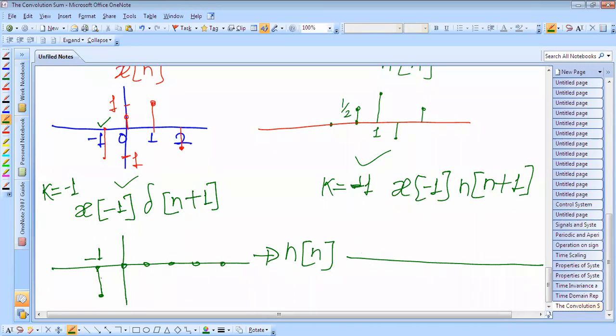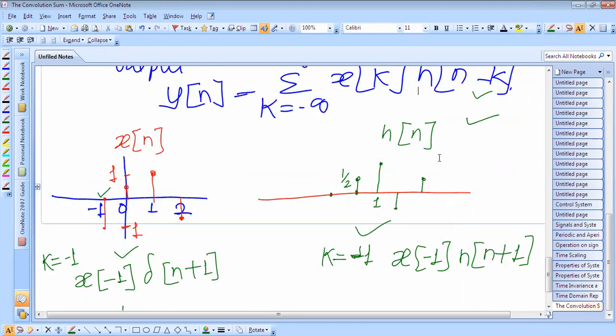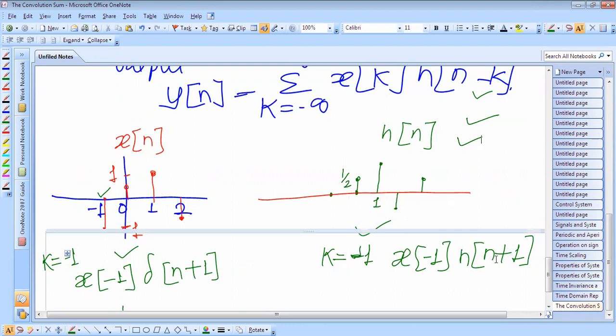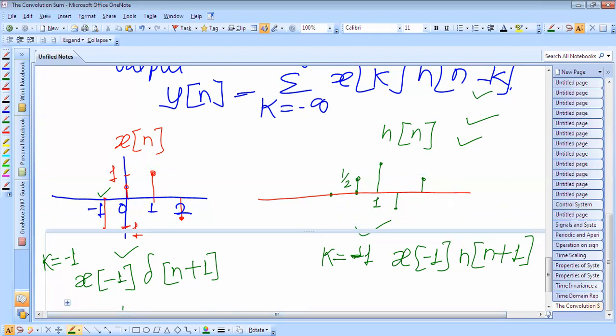Here it is minus 1, and this is actually x of -1. But now we have h of n plus 1. So what will happen now? This will be shifted toward the left. Now this has become positive, so it means the impulse response will be shifted toward the left.